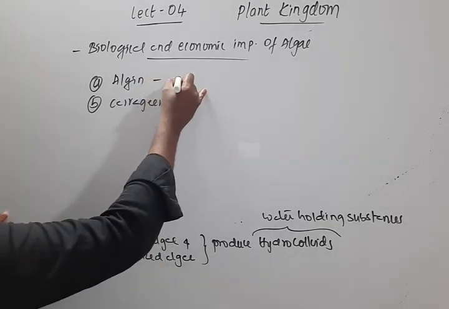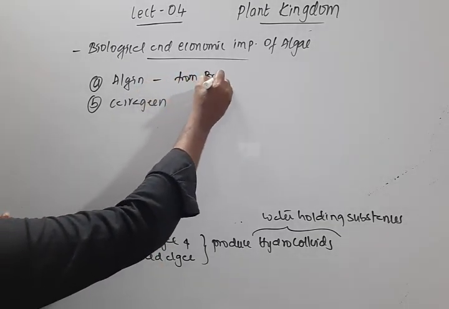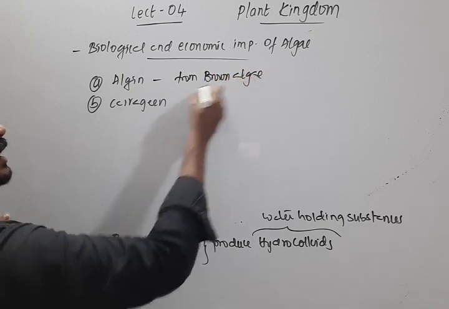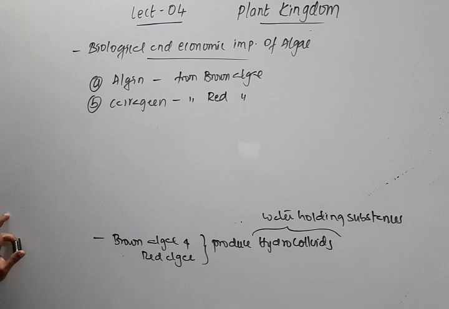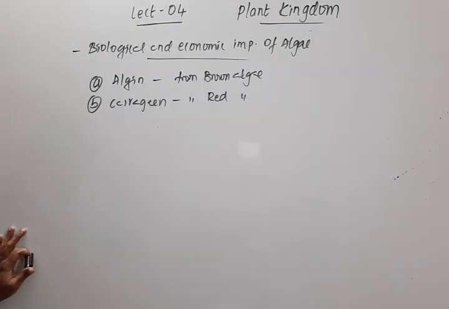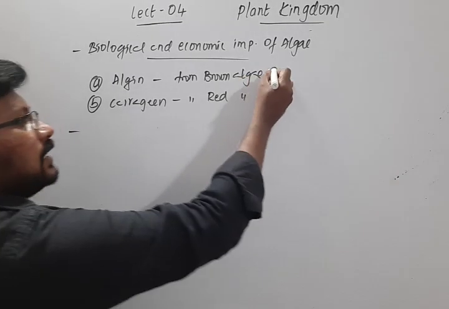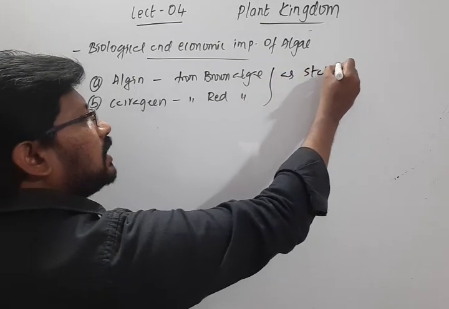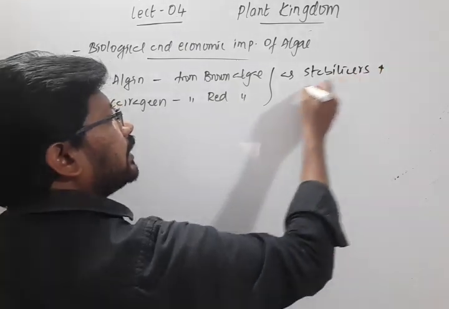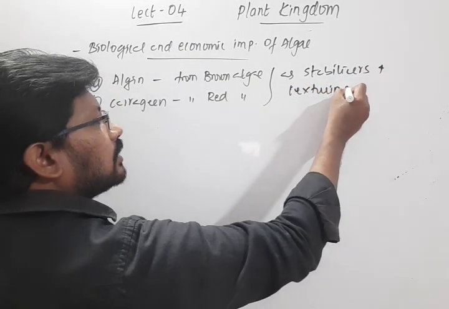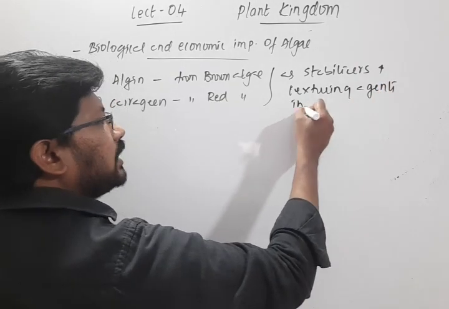Algin is obtained from brown algae, and carrageen is obtained from red algae, and both of these substances are commercially used. Let's see some of them here. They are used as stabilizers and texturing agents in the food industry.